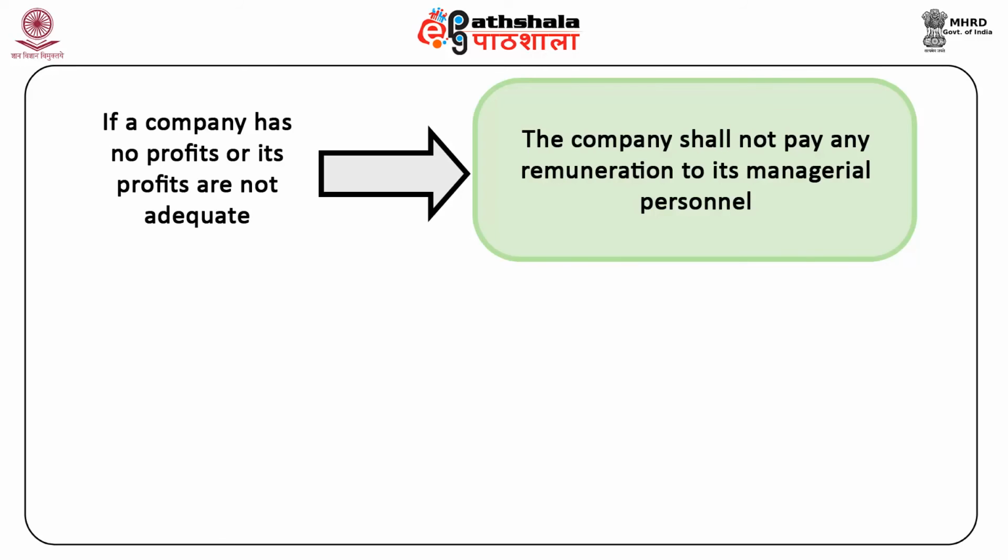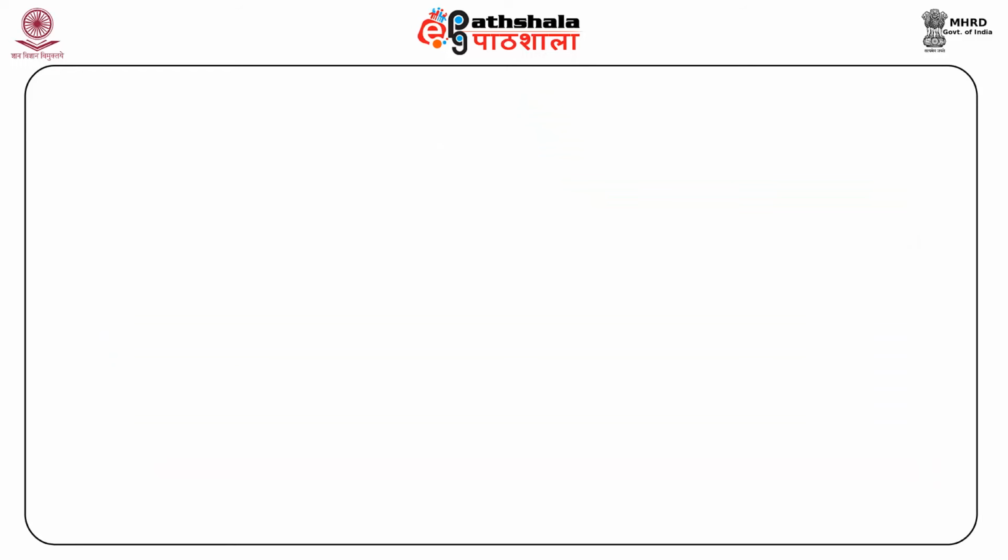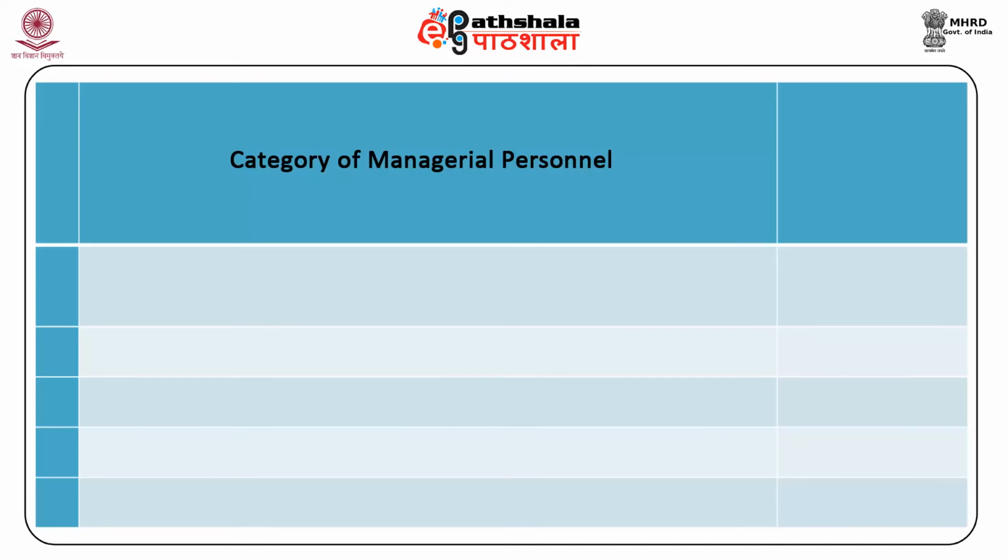However, the consent of the central government is not required if the managerial remuneration is as per the provisions of Schedule 5. The remuneration payable to different categories of managerial personnel can be summarized in the table as shown here.